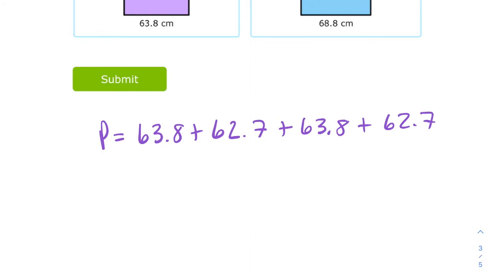So 63.8 plus 62.7 plus 63.8 plus 62.7 is 253 centimeters.